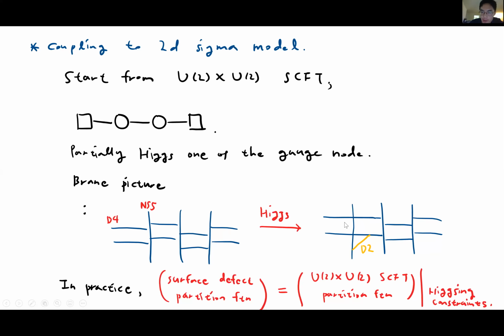Then you recognize that what's remaining in the 4D bulk is the SU2 gauge theory with 4 flavors. But in addition to that, we have a certain coupling to a two-dimensional theory coming from this D2 brane. And that's the 2D theory that is coupled to the 4D bulk.